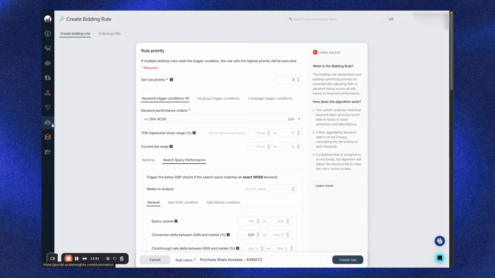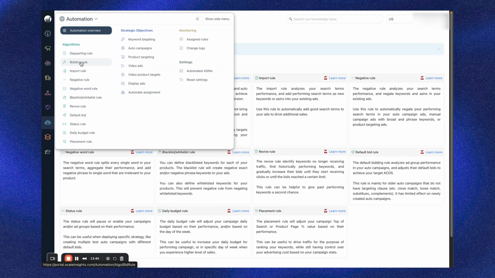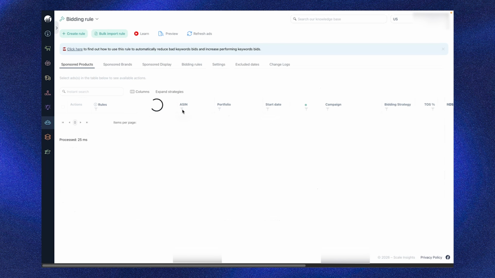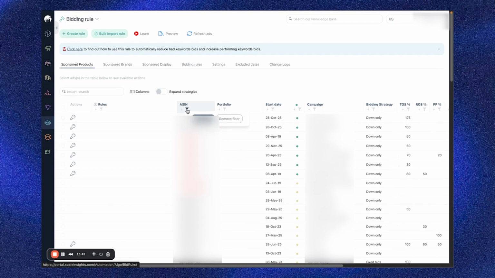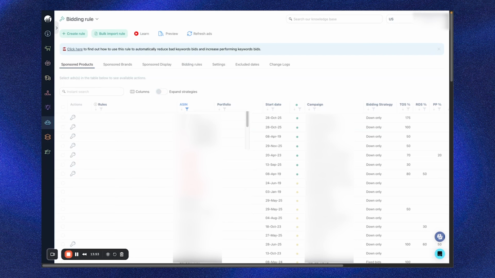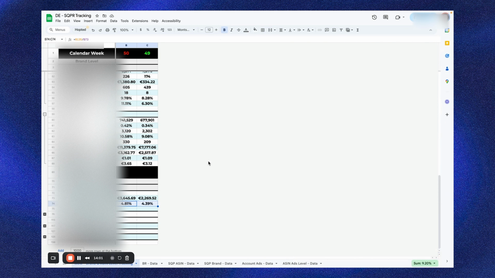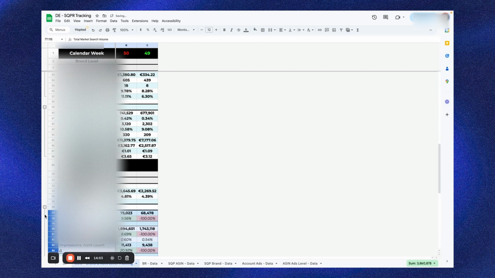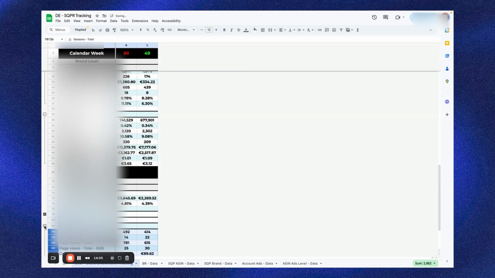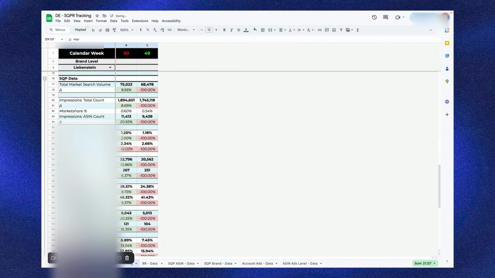And once you have created the rule, you would go to, again, bidding rule. Then I would recommend that you choose the ASIN that you want to increase market share for. Again, remember, you can check in this tracking how your search query performance data and ads performance data are improving for an ASIN.